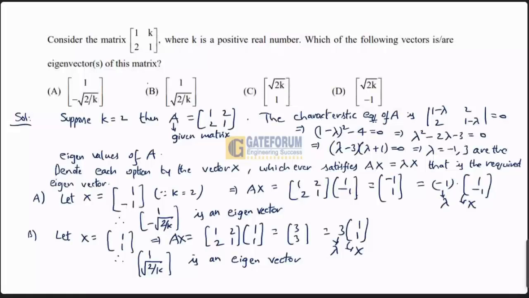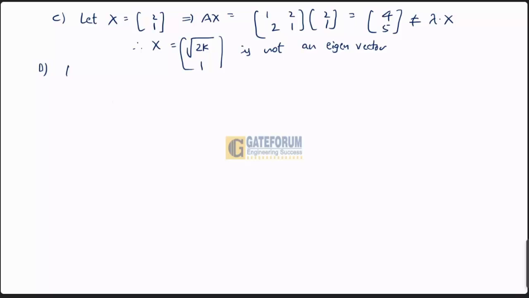Option D. Here put k is equal to 2: root 2 into 2, root 4, is 2, and minus 1. So x value is [2, minus 1]. This implies Ax equal to [1, 2; 2, 1] into [2, minus 1]. First row into first column: 1 into 2, 2 into minus 1, that is 0. Second row into first column: 2 into 2, 4, plus 1 into minus 1, 4 minus 1, that is 3.